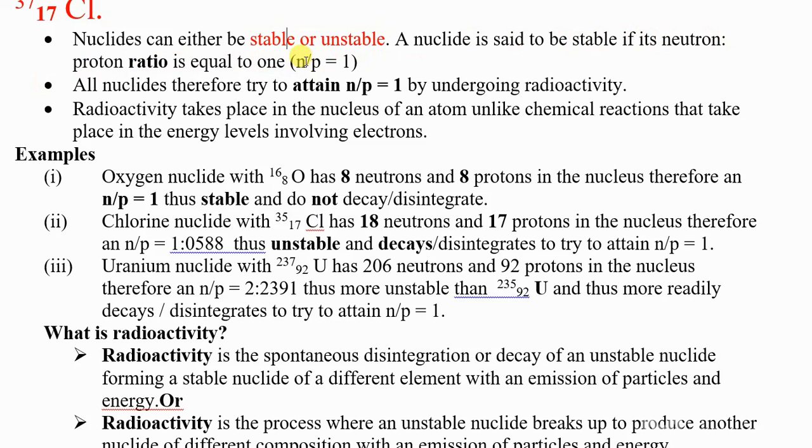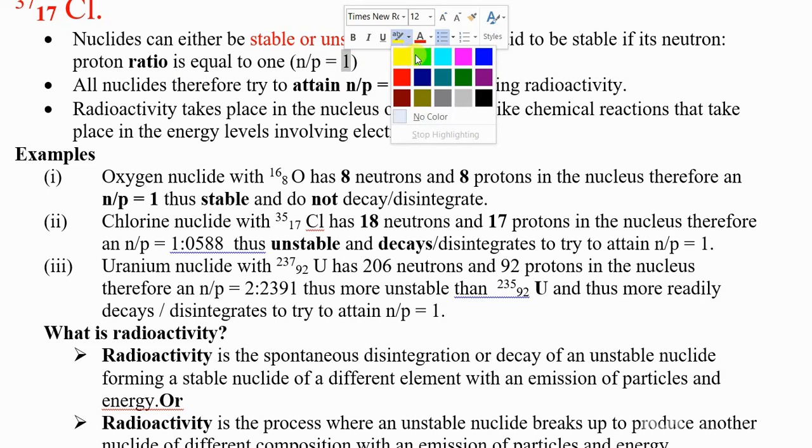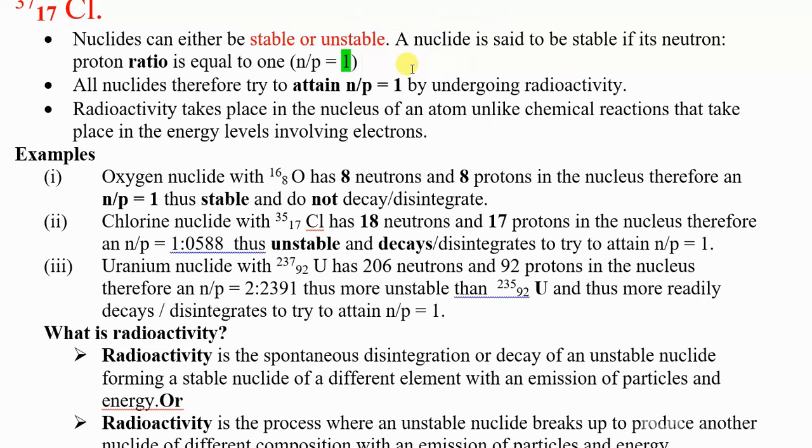If the number of neutrons divided by protons is 1, that nuclide is very, very stable. It will not disintegrate. But any nuclide or isotope whose ratio is not equal to 1, less than 1 or more than 1, will always disintegrate, will always undergo radioactivity, will decay spontaneously to ensure that it has the stability of 1. Stability of what? Of 1.